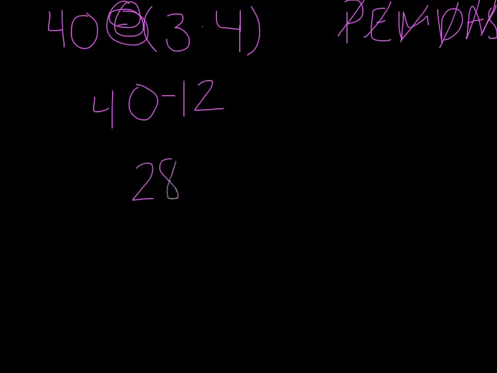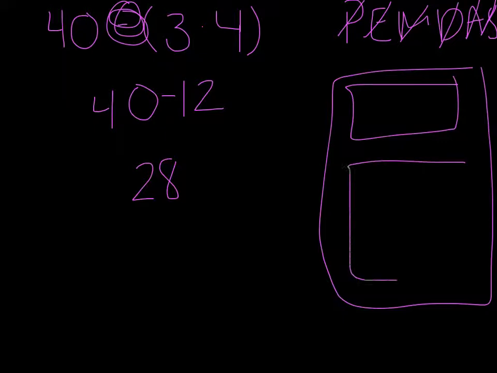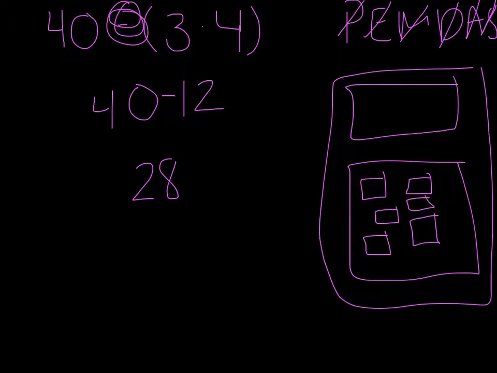You can do that on your paper in the corner right here if you need to, or you can do it on a calculator with all the little buttons right there for you. This is not a very accurate calculator as you can see, but oh well. So your answer would be 28. Yay! And if you need to, you can do some of your own on paper or on your iPad.